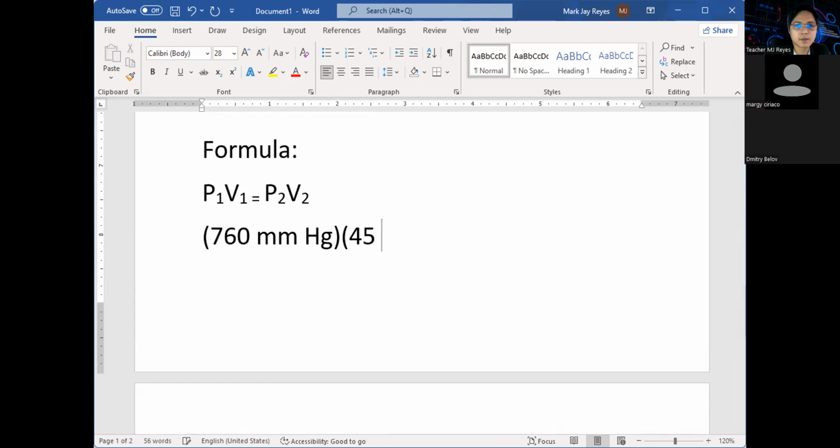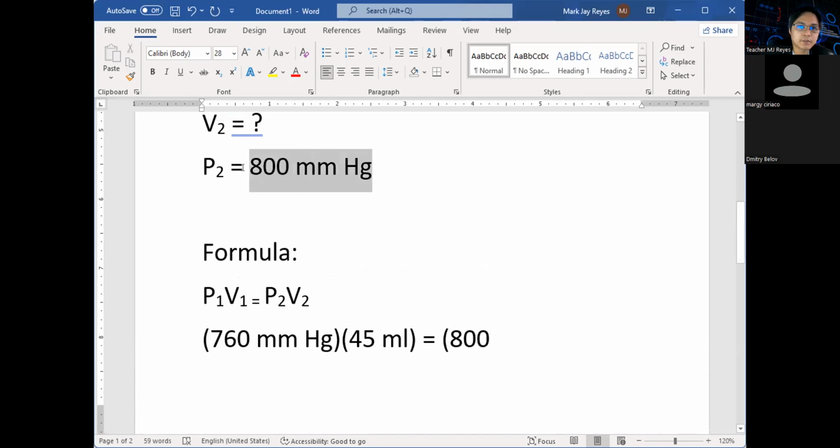Is equal to P2, which is 800 millimeter of mercury, times the unknown. Okay, the unknown is V2.